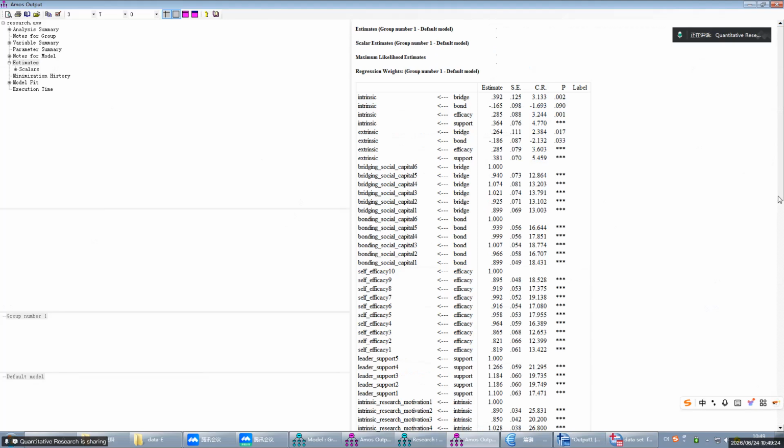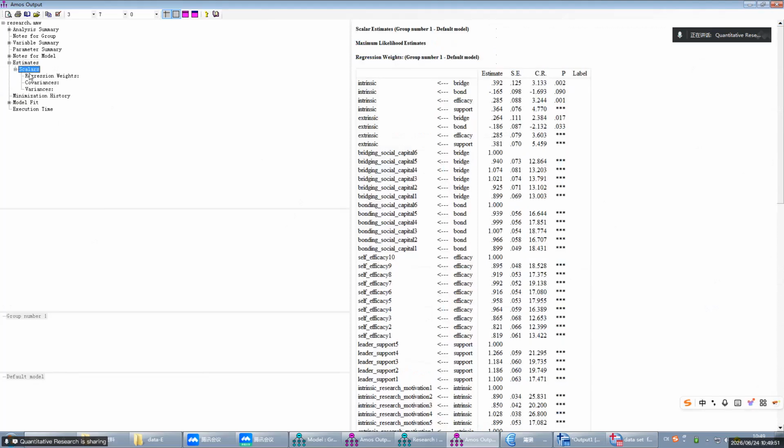But pay attention, it is a negative predictor of extrinsic motivation. Did you see that? Yeah. And efficacy and support are positive predictors of extrinsic motivation. Yeah. That's the result.